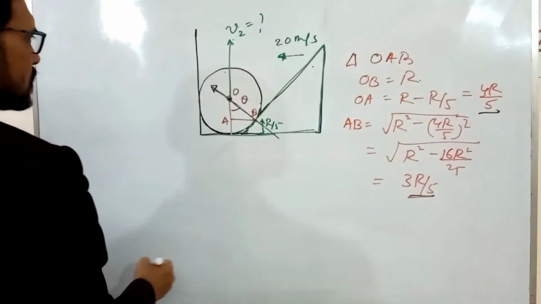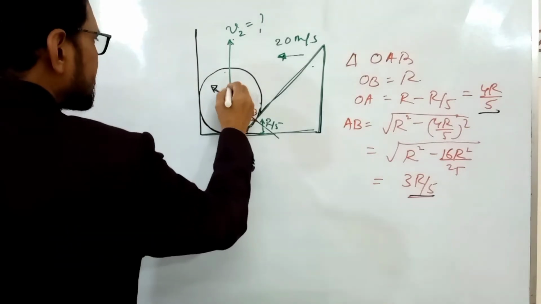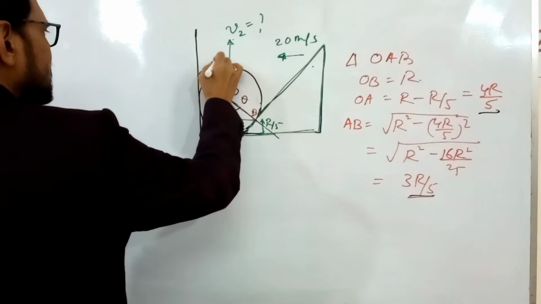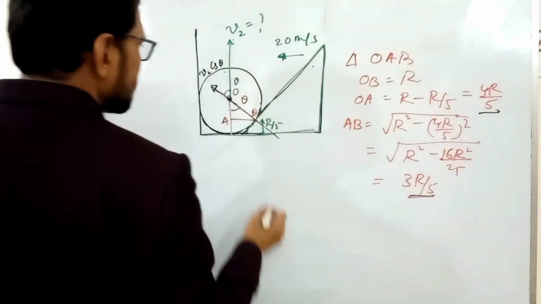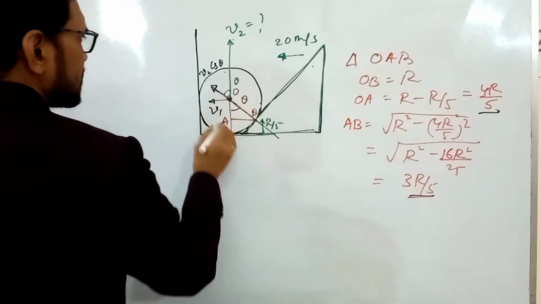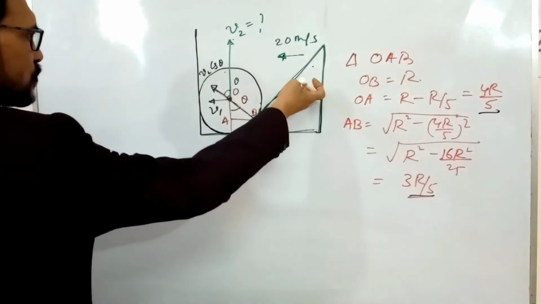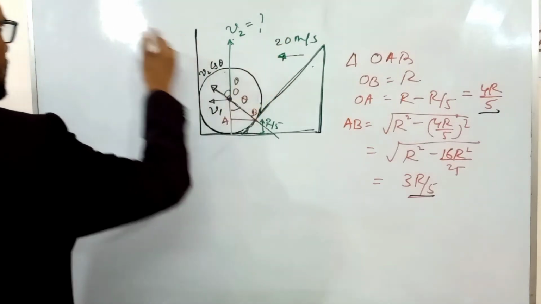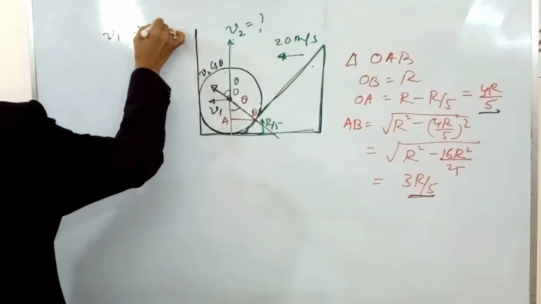This is V2. So if this angle is theta, then this angle is theta. So velocity V2 in this direction is V2 cos theta, and V1 is along this direction. So V1, that is, the wedge moves along horizontal with this velocity. Suppose this is V1, that is V1 equal to 20 meter per second.